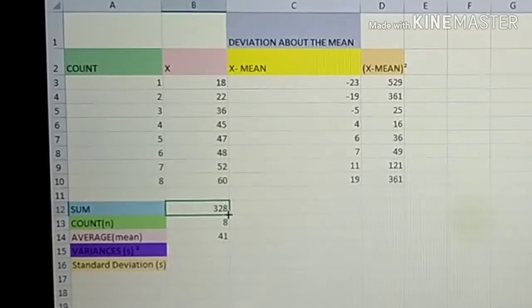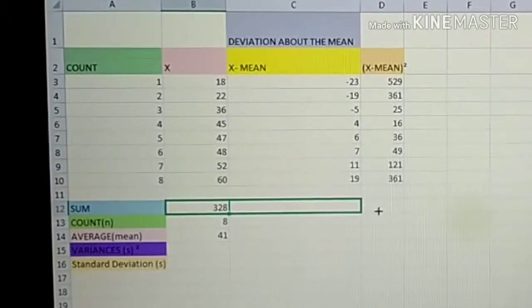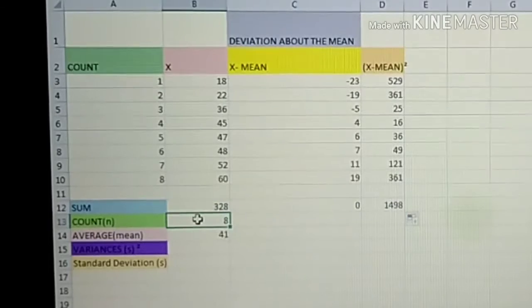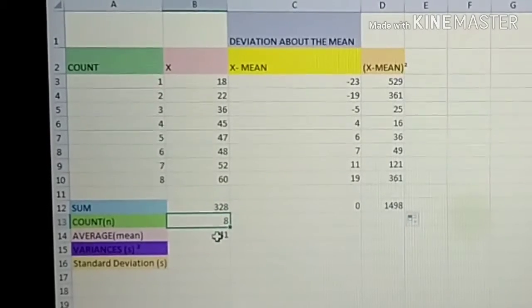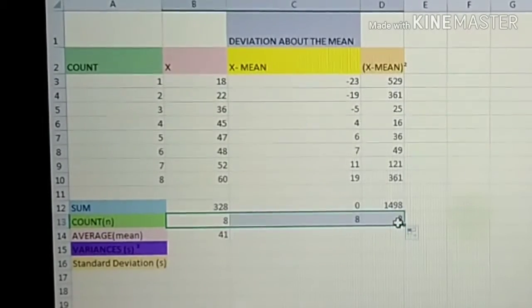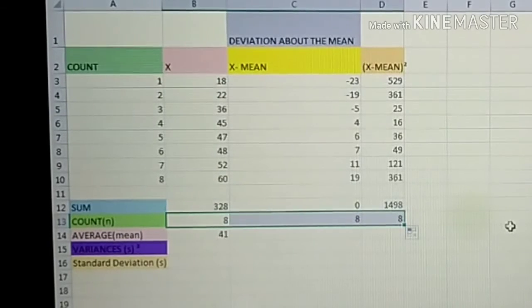Drag lang natin siya pa horizontal. Yan, ayan na yung addition niya. Like, kagaya rin dito sa count. Naka-plus sign. Then, drag natin siya pa horizontal. That would be 8.